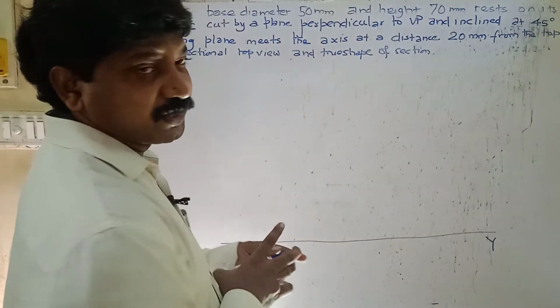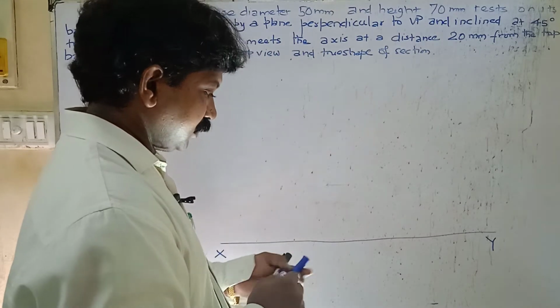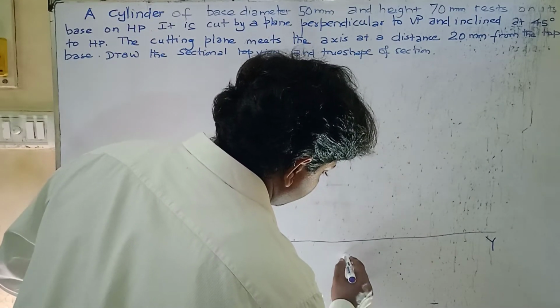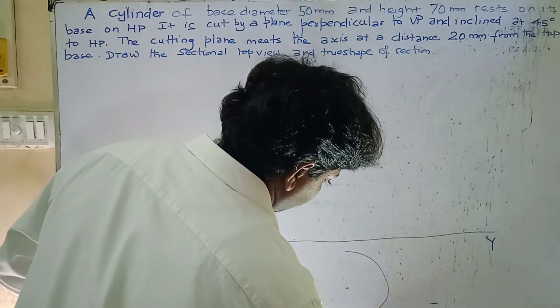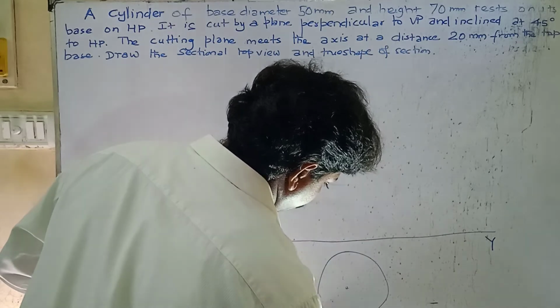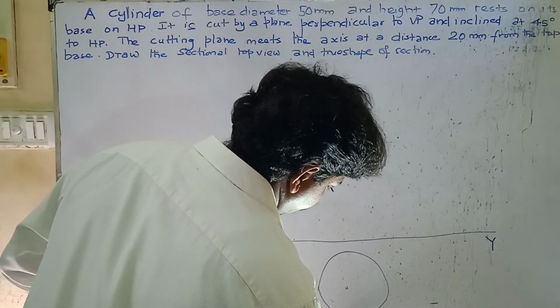Cylinder of base diameter 50 mm, so 25 mm as radius. Draw the top view.